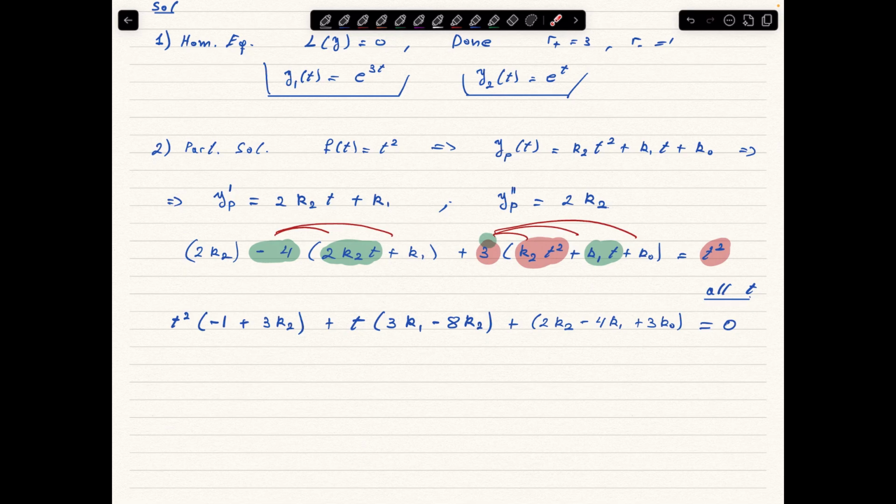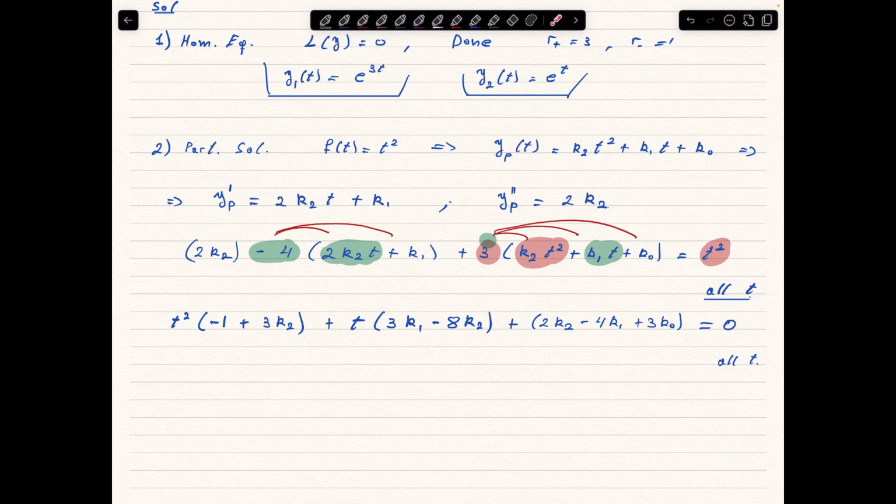Okay, but again, this is an equation that has to be true for all t. So we have a polynomial that has to be 0 for all t. It's a polynomial in t squared, in t, so up to t squared, which means that each coefficient that multiplies has to be 0.